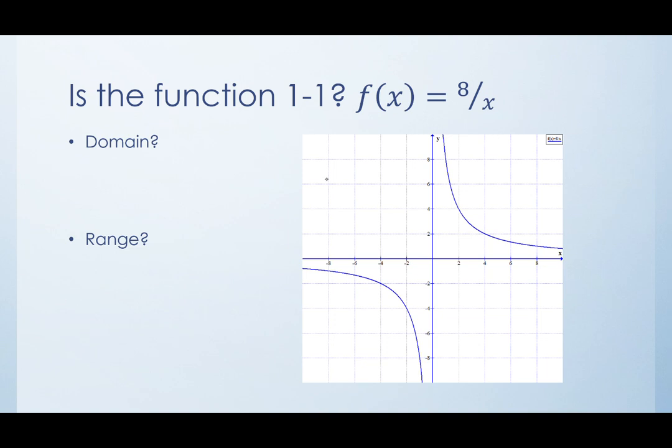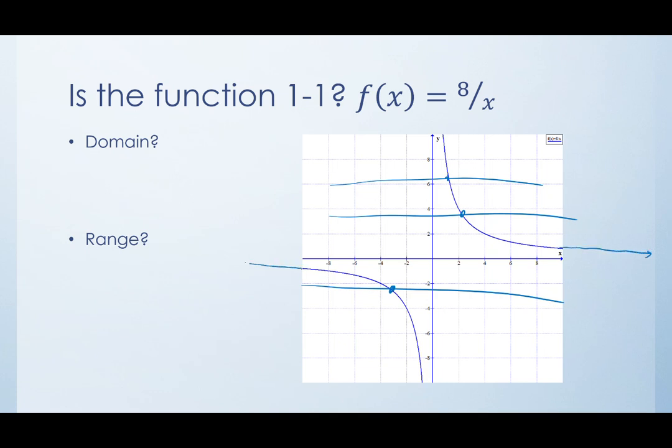And we see that whatever lines I might draw through here are only going to intersect at one place. We do have another horizontal asymptote, because this is going to keep getting closer and closer to the x-axis but never actually go horizontal. So yes, it is one-to-one.